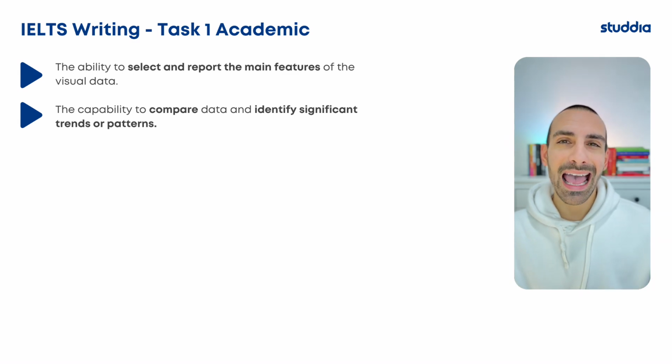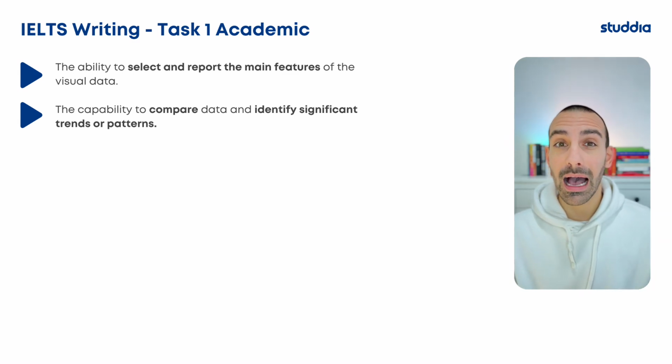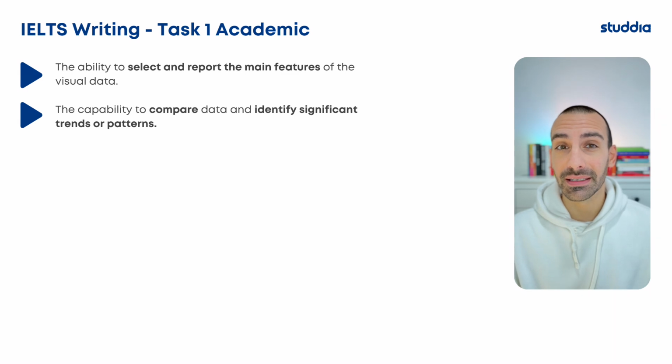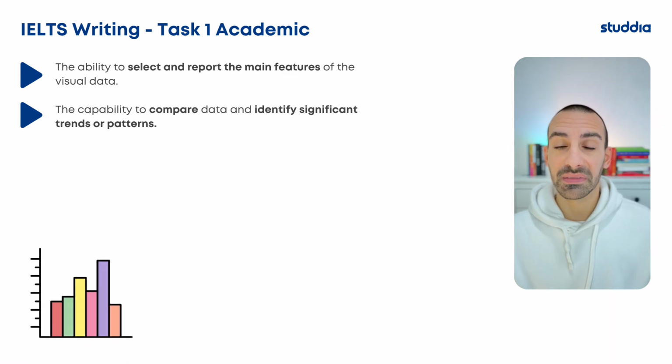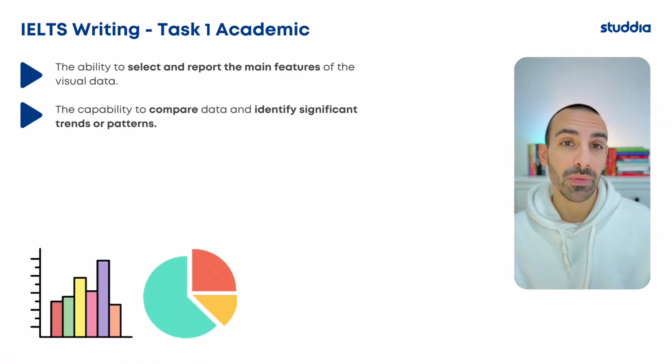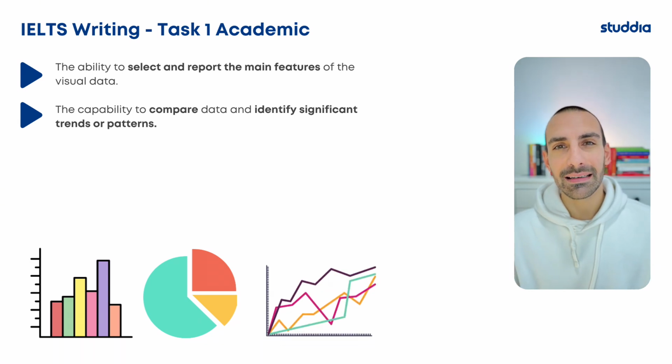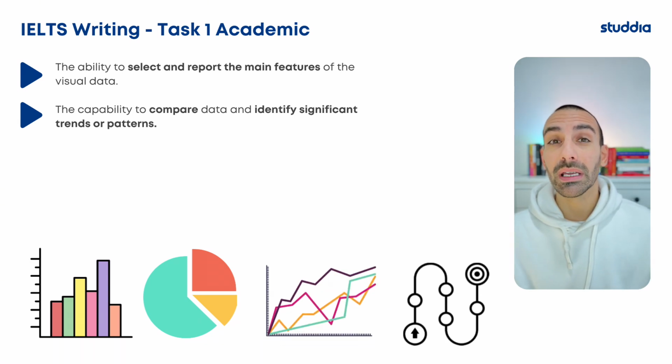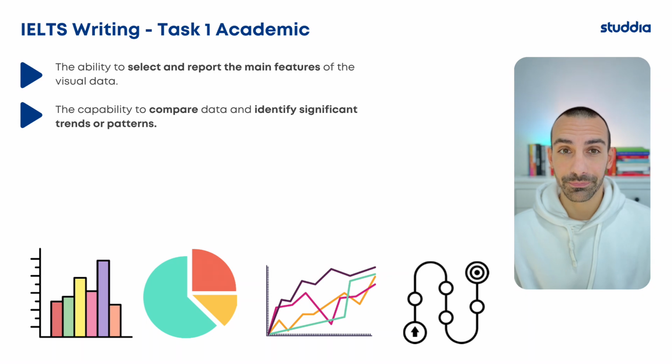It also tests how well you can compare and highlight significant differences. Whether it's a graph, table or a chart, you need to analyze data and explain the relationships between different categories.